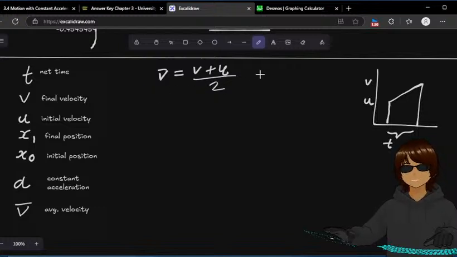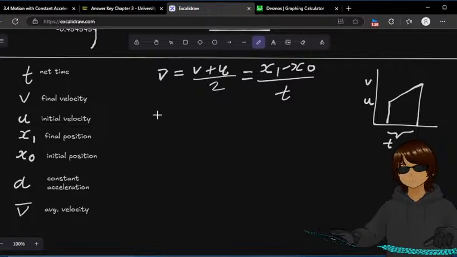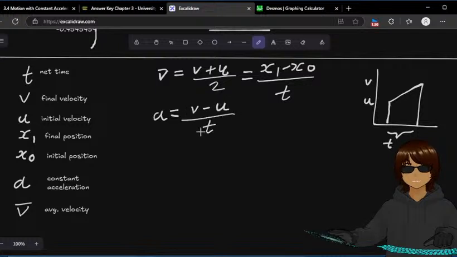Average velocity by definition is also the change in position over time. Acceleration is change in velocity over time.